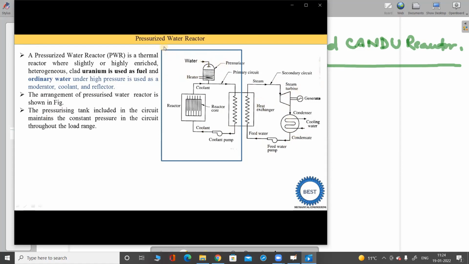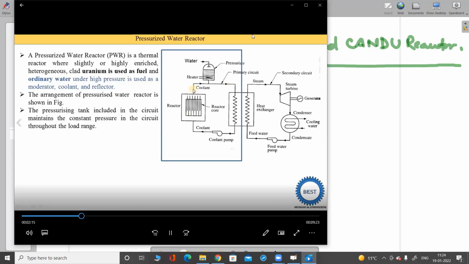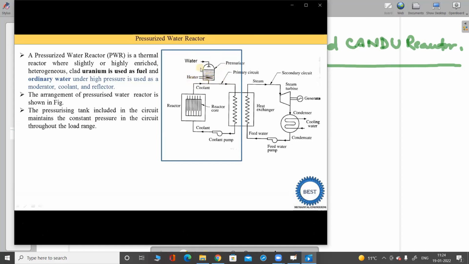Now, what is the function and what is the construction of these pressurizers? The pressurizing tank is included in the circuit to maintain constant pressure in the circuit throughout the load range. Means the function of this pressurizer is to maintain constant pressure in this primary circuit. Okay, so this is the pressurizer, and this pressurizer consists of this heater and the vessel.